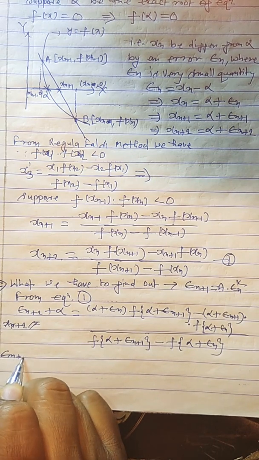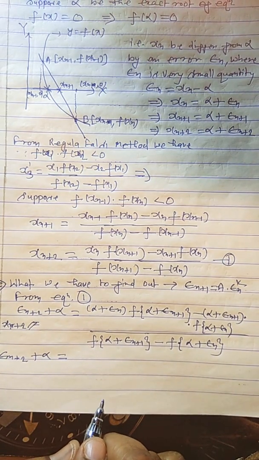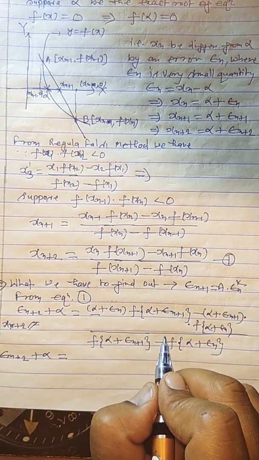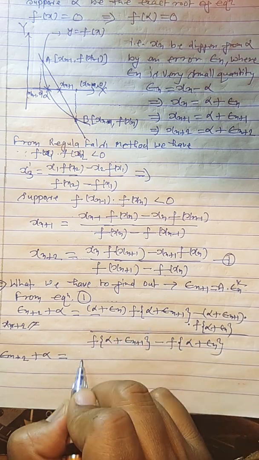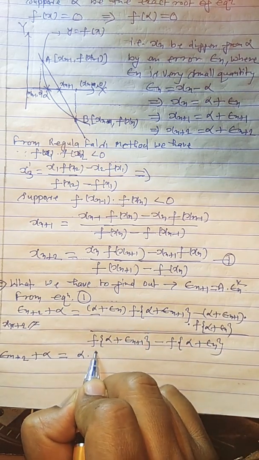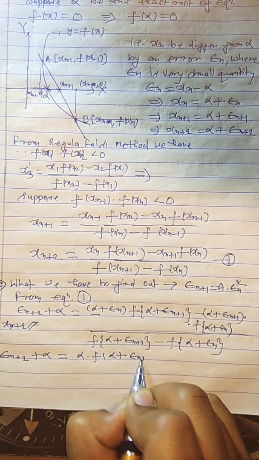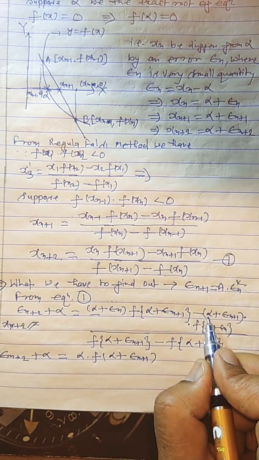Epsilon n plus 2 plus alpha is equal to, now we multiply this term by this term, we get alpha into f of alpha plus epsilon n plus 1, and what is the second term?